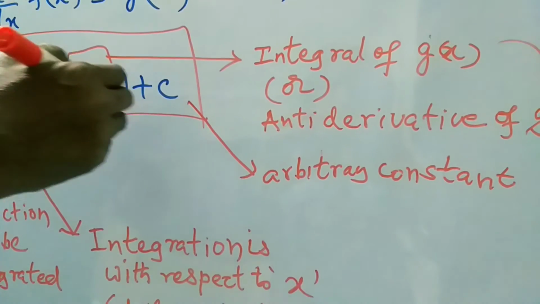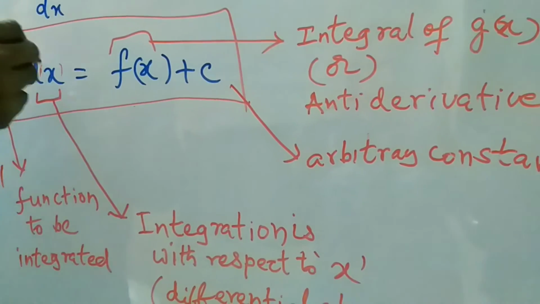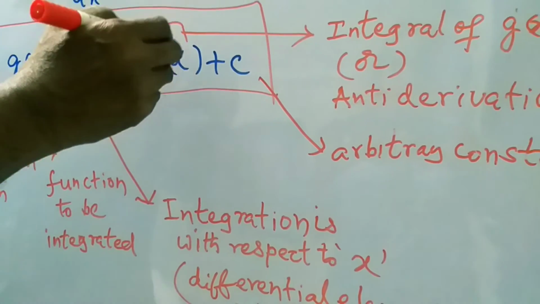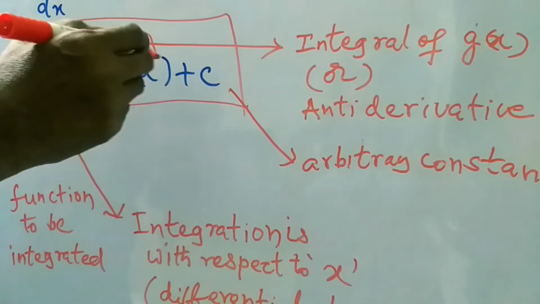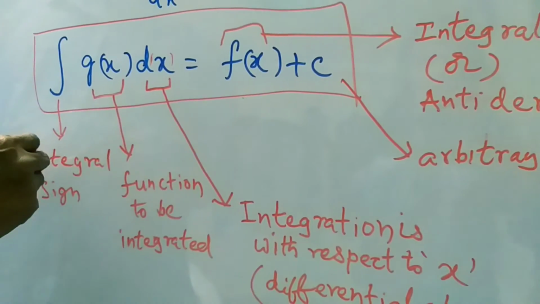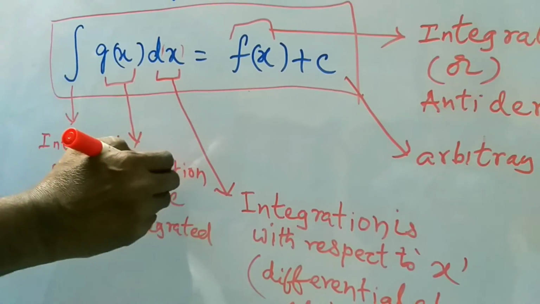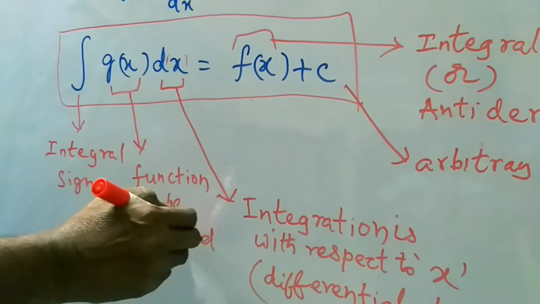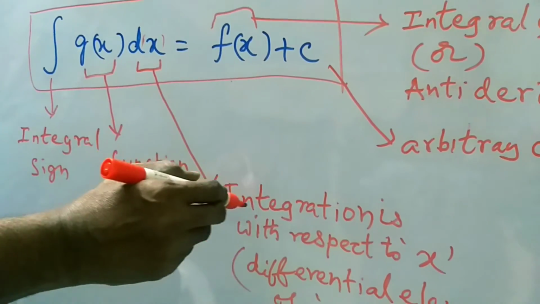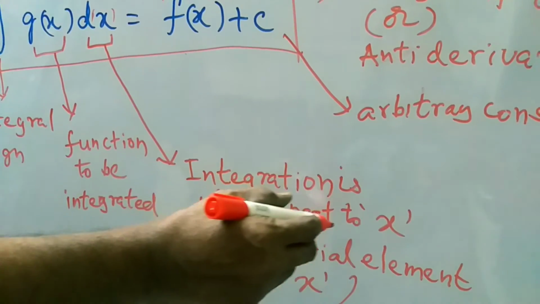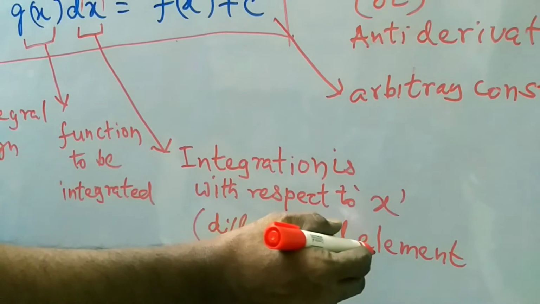Indefinite integration definition: the integral of g of x dx is equal to f of x plus c. This symbol is the integral sign. g of x is the function to be integrated, and dx means the integration is with respect to x, the differential element of x.